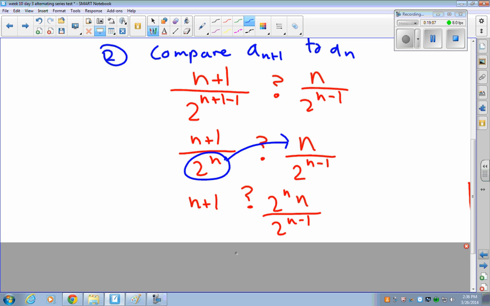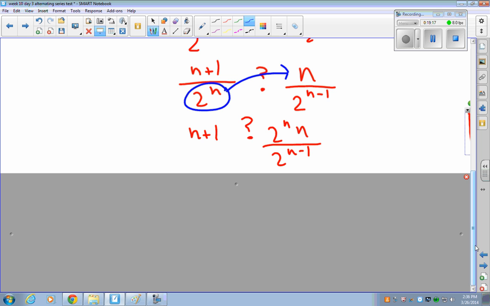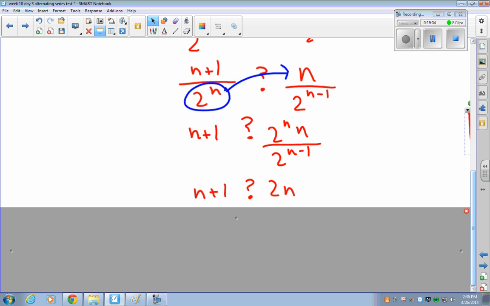Move this guy over, because again, that question mark's like an equal sign. How many 2's cancel? This is 2 to the n. This is 2 to the n minus 1. So how many 2's are left? 1, 2. Where is he? On top. Is everyone okay with that?